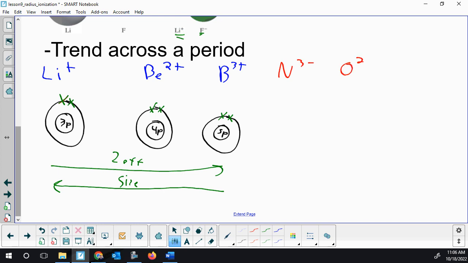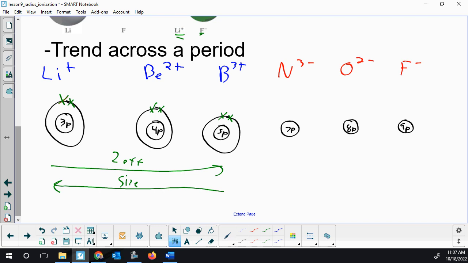Nitride, oxide, fluoride: we're going to see a big jump up in size because these are anions that are getting way bigger than those small cations. I want to write in the proton count because it's changing. Nitrogen has 7 protons, then 7, 8, and 9.